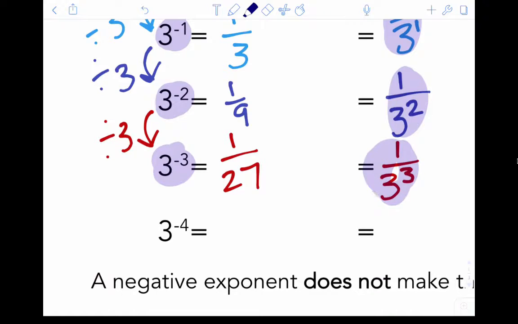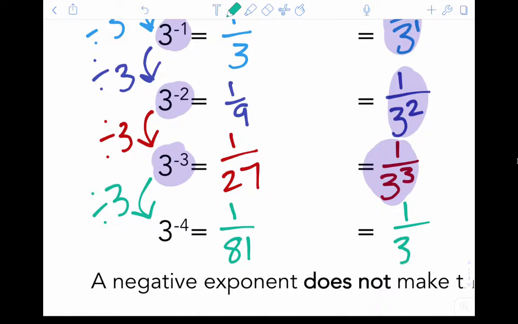I'm going to go one more step. I'm going to divide by 3 again, and I get 1 over 81. Well, I know 81 is 3 to the fourth, so 1 over 81 is 1 over 3 to the fourth. And once again, 3 to the negative fourth is equal to 1 over 3 to the fourth.